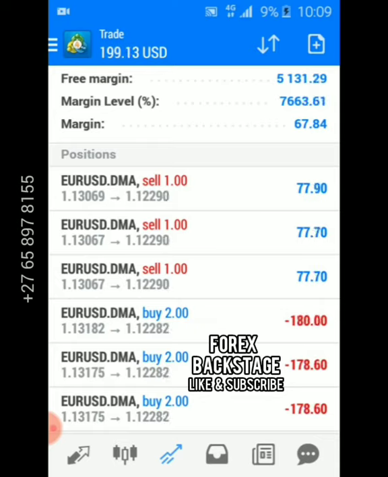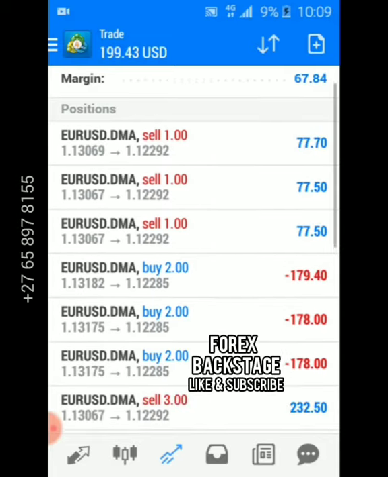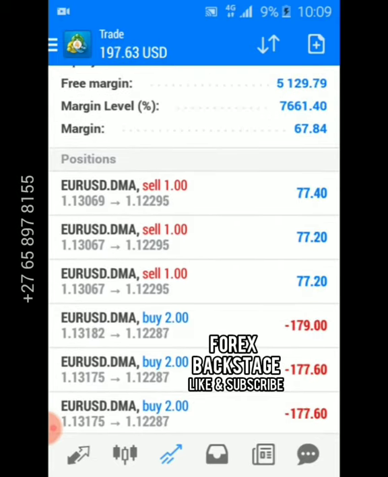My point will be 1306.9, anywhere around the relevant range of 1306. That is where I have to take my third pending order of 3.00, because these are at 1 and these are at 2. So right now, these first trades are at 1, and the second buy trades are at 2. So right now we are going to the third level of this pattern.